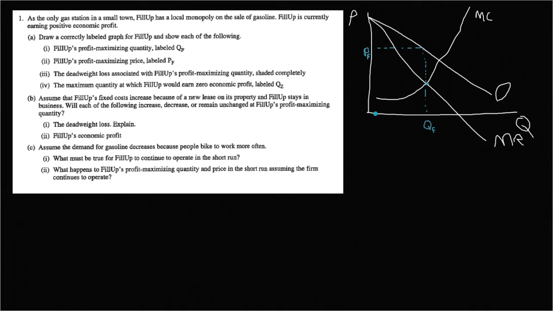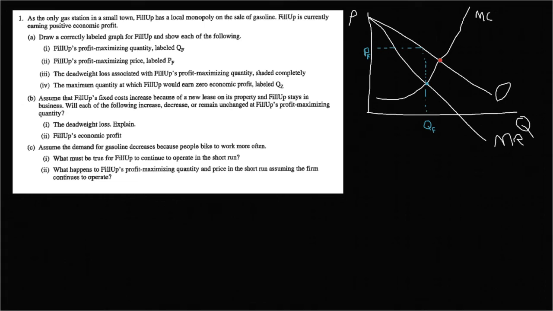Alright, and so the deadweight loss is going to be a triangle bounded by the marginal cost curve, marginal revenue curve, and the quantity, and it's going to be pointing at the socially optimal quantity.